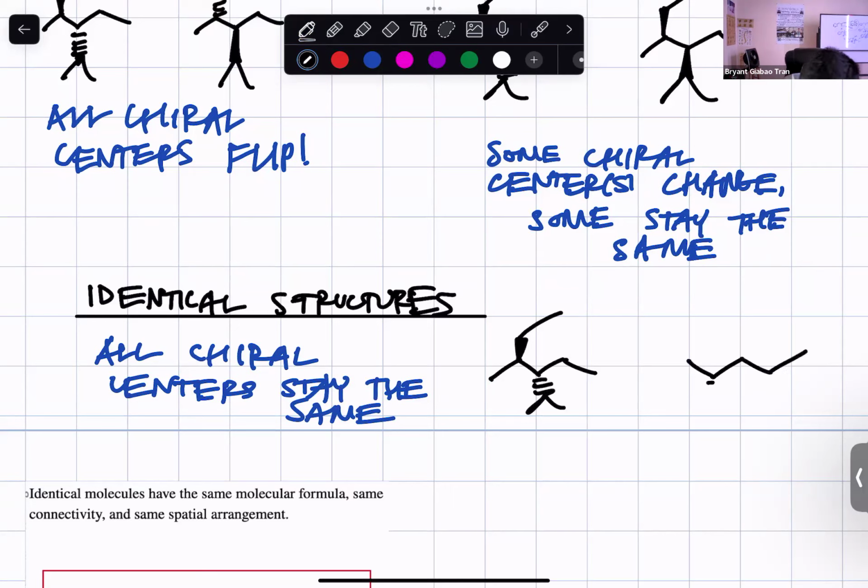So even though it looks flipped, they're identical, because look at the backbone of the structure here. We just flipped it upside down, which would flip everything as well, right? This wedge ethyl, when it gets flipped upside down, can be inverted to a dash ethyl. This dash isopropyl, when flipped upside down, gets inverted to a wedge.